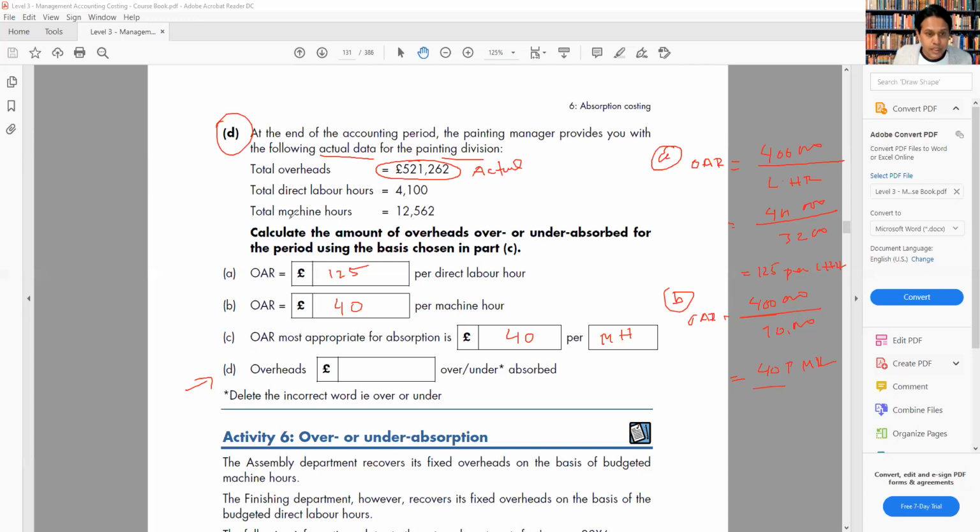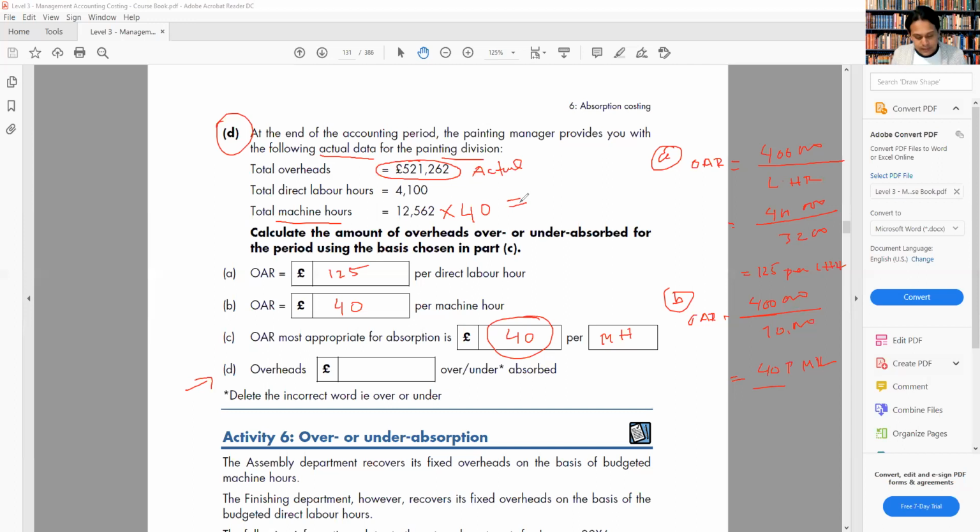So total machine hour is 12,562, and per machine hour we have absorbed how much? 40. That's the most suitable, isn't it? So multiply by 40, that will give us the total overhead that we have absorbed, because we said per machine hour is 40. So if the actual number of machine hours is 12,562, how much will be the total we have absorbed?